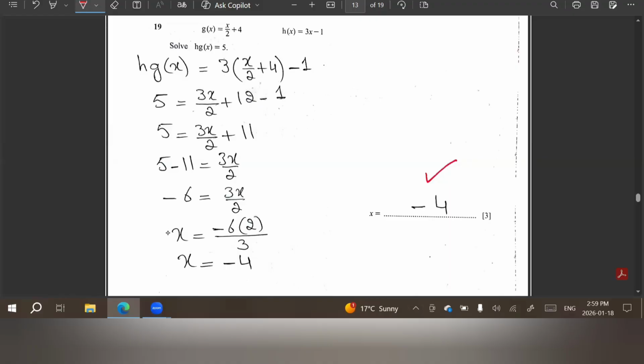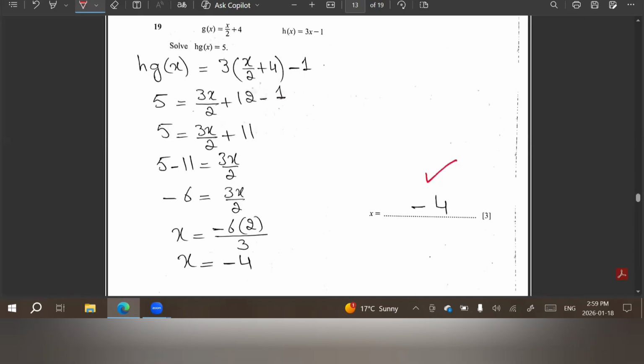So x will be equal to minus 6 into 2 divided by 3. So x will be equal to minus 4. The answer is minus 4. This is the right answer.